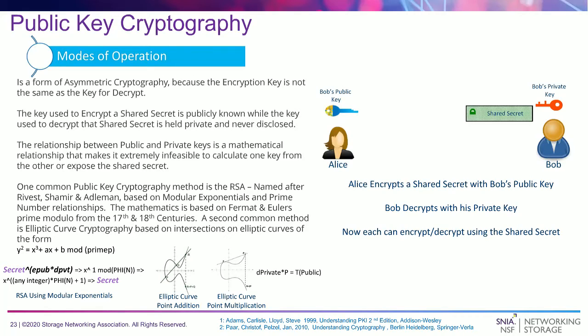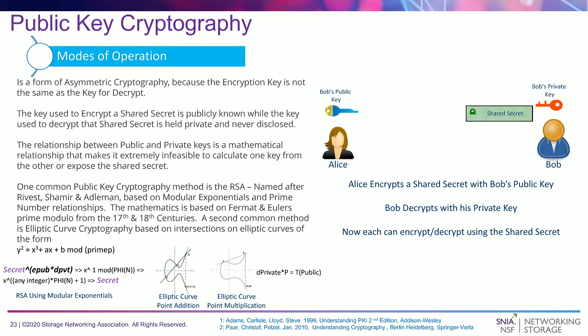Ron Rivest was one of the people that invented the RSA. RSA stands for Rivest, Shamir, and Adelman. And basically, you take your secret and you raise it to the power of a public key and a private key.